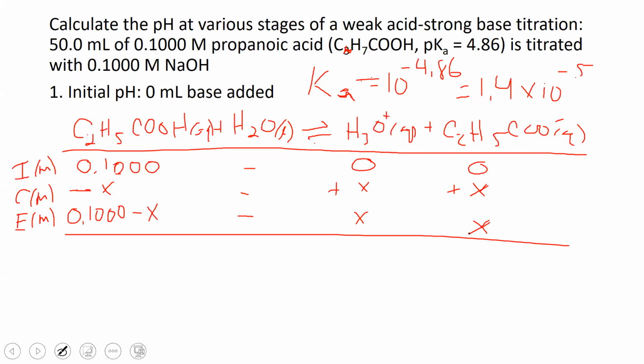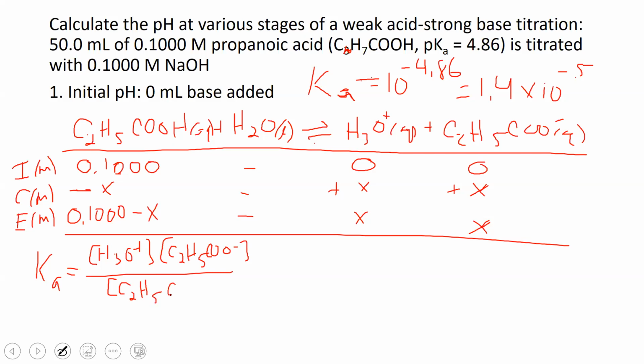Okay, and so our Ka expression is the hydronium ion concentration times the propanoate concentration at equilibrium, COO minus, over the propanoic acid concentration. And that we know is equal to 1.4 times 10 to the minus 5.